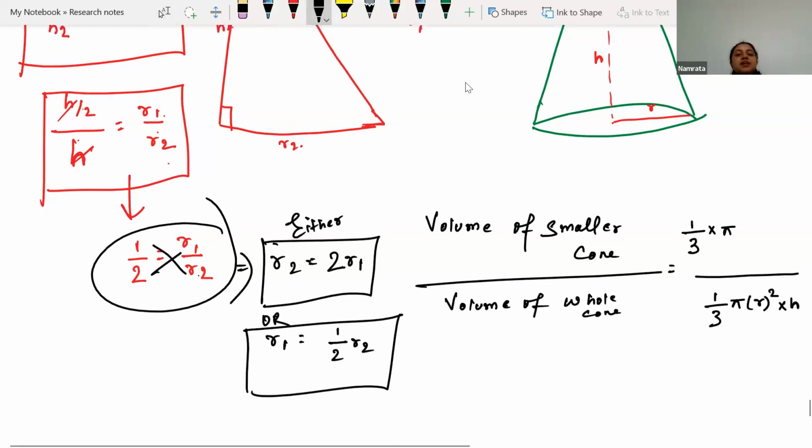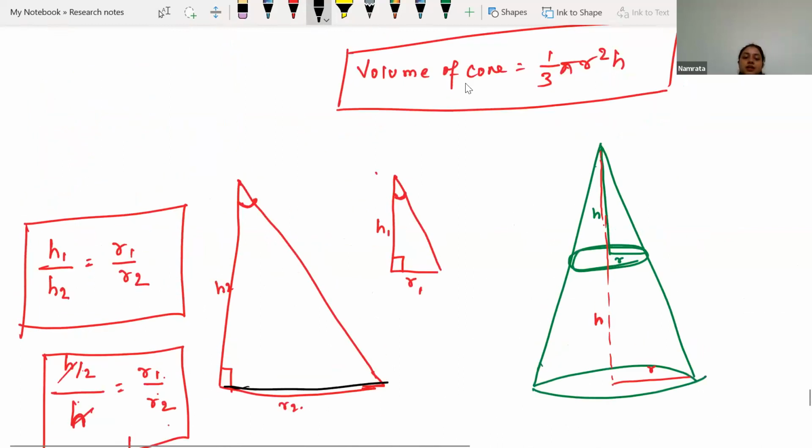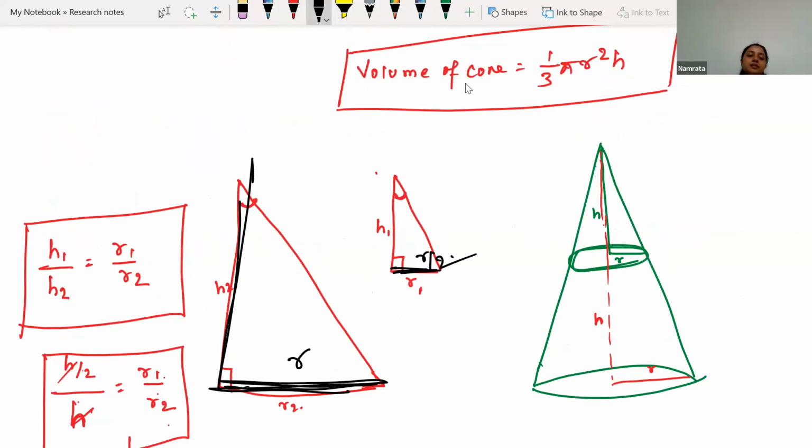That means basically we are trying to say that if this total radius is R, then this will be half of that, R by 2. If this total height is H, then this height will be half of that, H by 2. How? I have shown you by the similar triangle concept, and the height is already mentioned in the question.